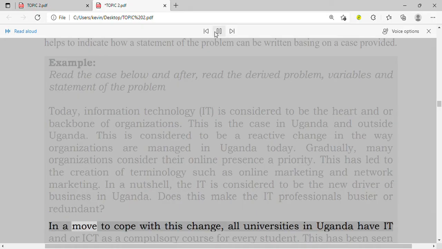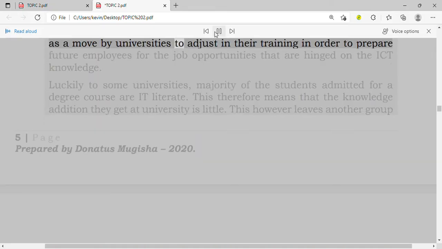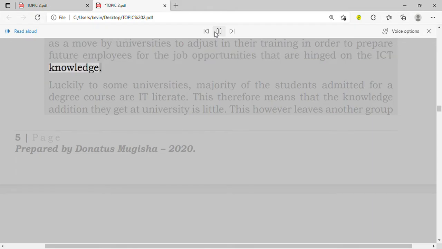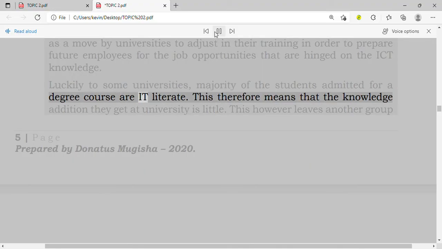In a move to cope with this change, all universities in Uganda have IT and/or ICT as a compulsory course for every student. This has been seen as a move by universities to adjust their training in order to prepare future employees for the job opportunities that are hinged on ICT knowledge. Luckily to some universities, the majority of the students admitted for a degree course are IT literate.